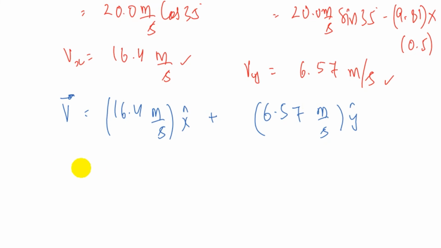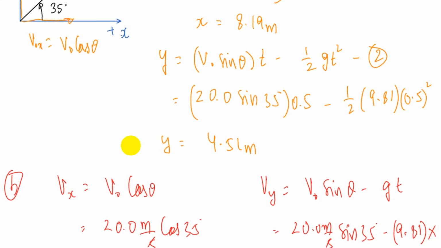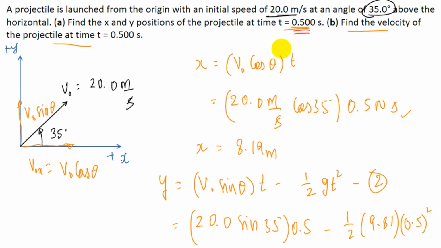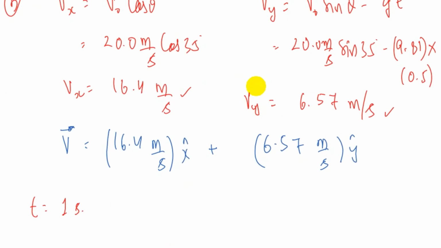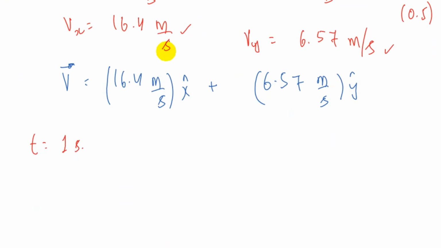Now you have to repeat this problem for time t equals 1 second. Here we took time t equals 0.5 seconds, but you have to repeat the problem for time t equals 1 second. I'm just writing the answer so that you can compare whether you have got the right answers or not. So at time t equals 1, the x value would be 16.4 meter, this is the x position, and the y coordinate will be 6.57 meter.